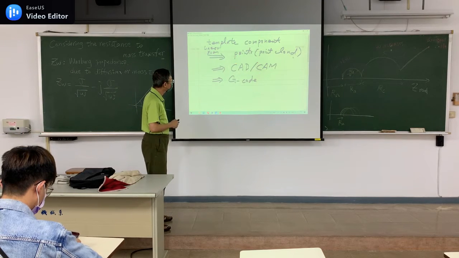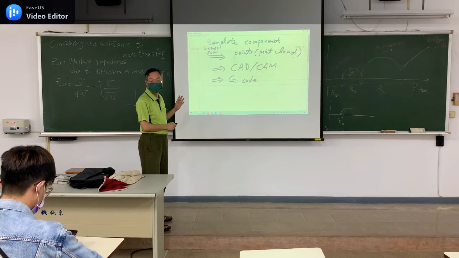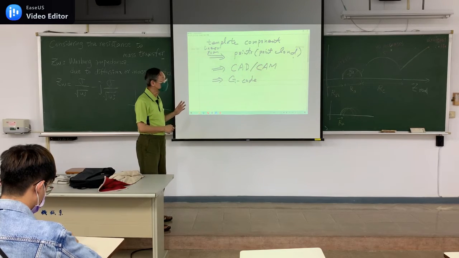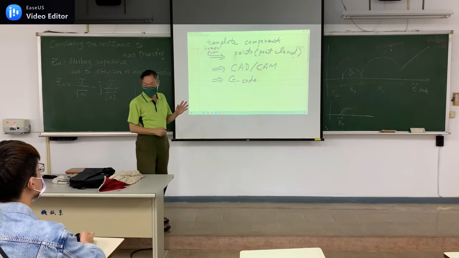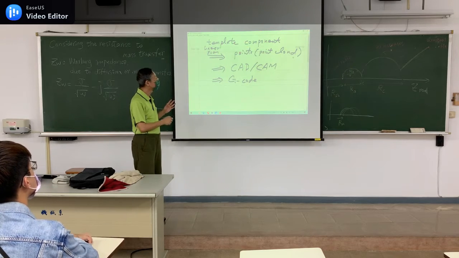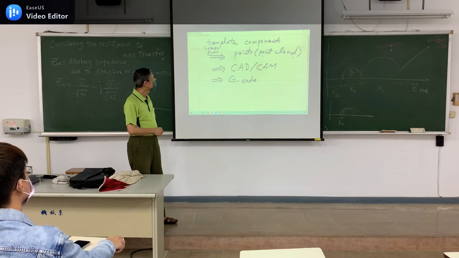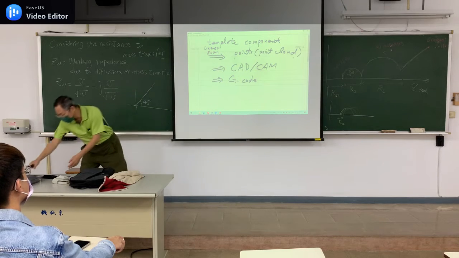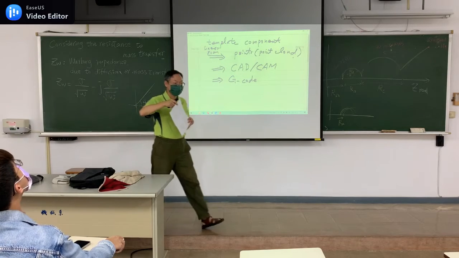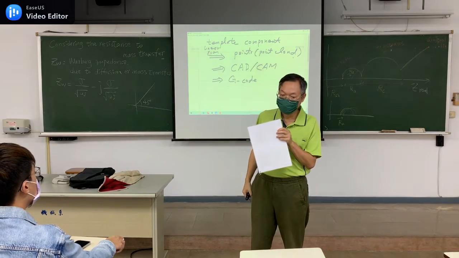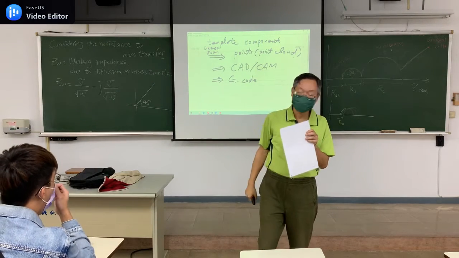Actually, from here, there are some integration jobs, some done here, some not. For CNC, normally we try to describe the component to the machine. So you have a lot of points, and you need to make a sequence.